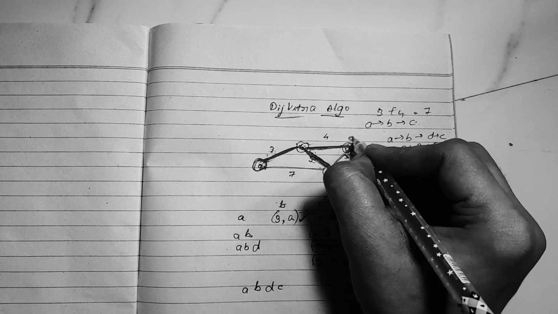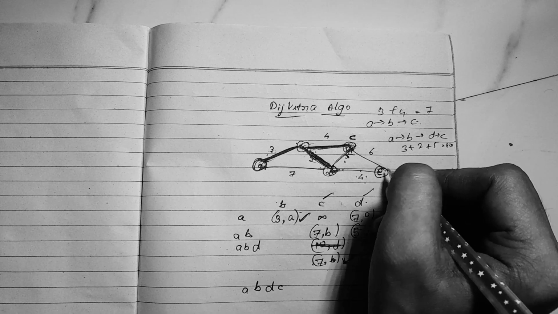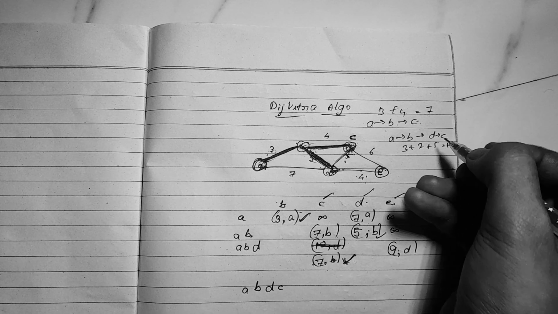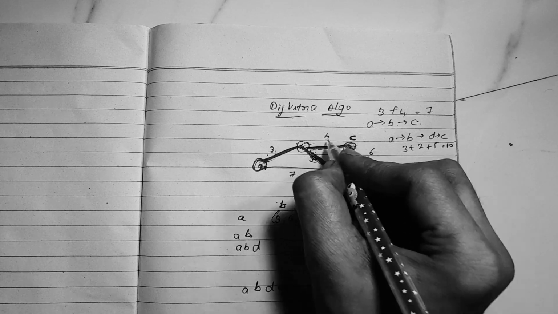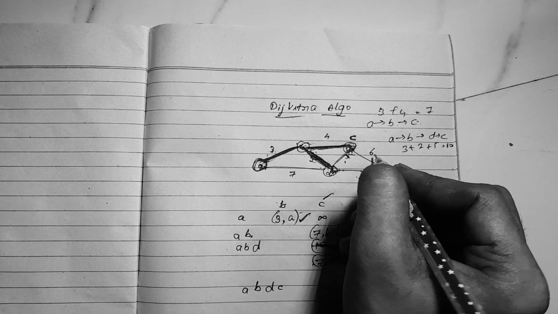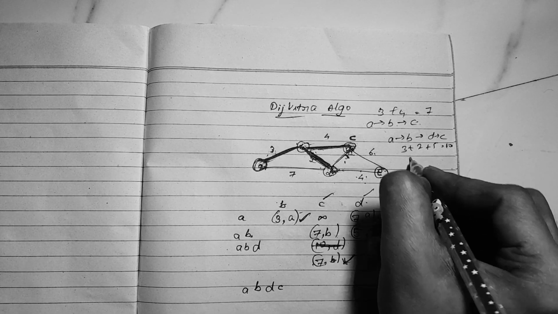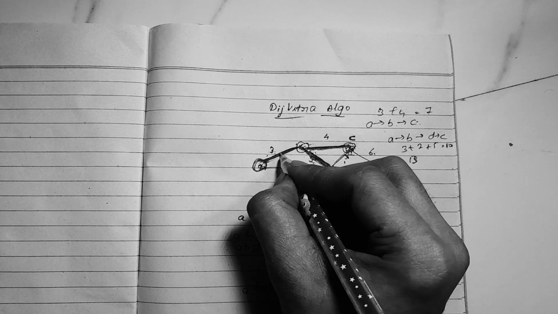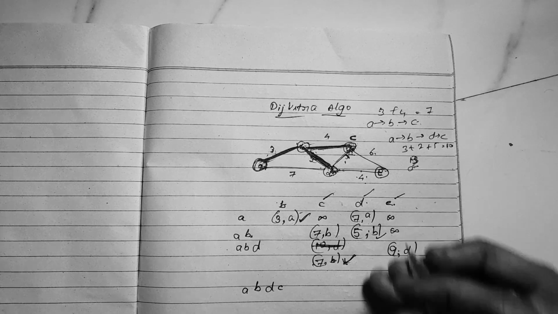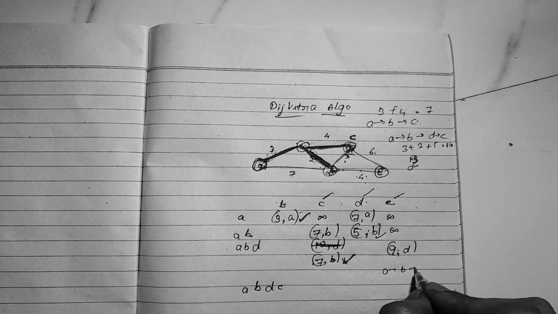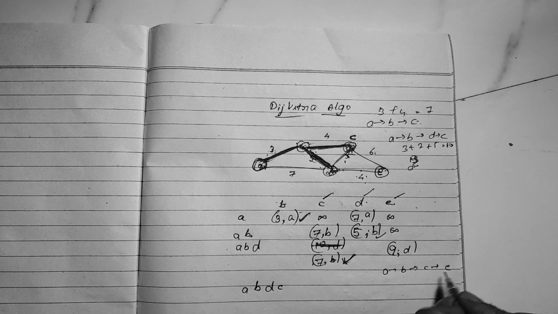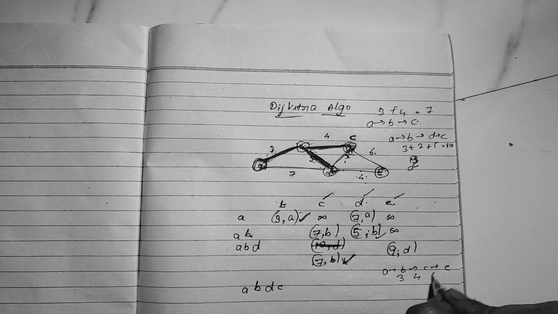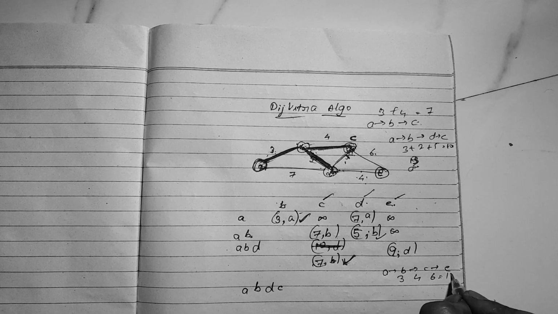From C, E is connected directly, and here 7 plus 6 will result in 13. If you consider A to B, B to C, C to E, this one is 3, this one is 4, this one is 6, 6 plus 4 is 10, 10 plus 3 is 13.